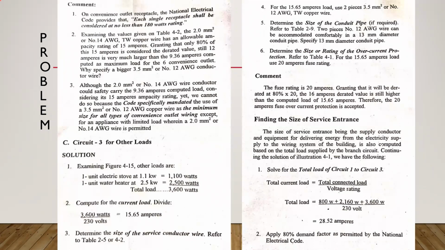And from the table 4-2, number 14 copper wire has an allowable ampacity rating of 15 amperes, di ba? Granting that only 80% ng 15 amperes ang makonsidered, the rated value is still 12 amperes. It is very larger than dun sa na-compute natin na 9.36. Para dun sa 6 convenience outlet with 2 gang.